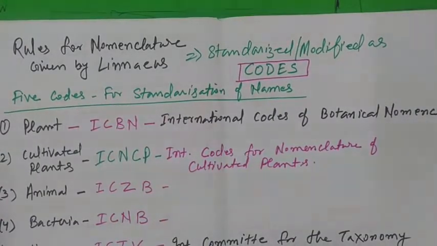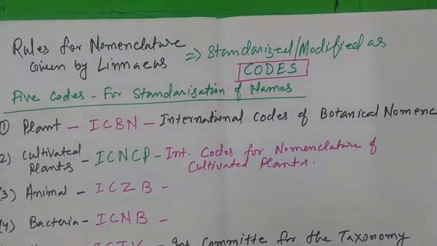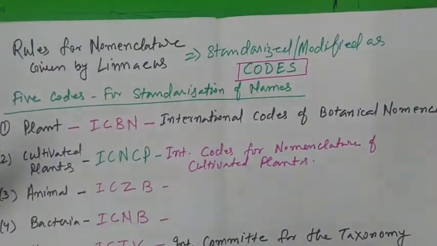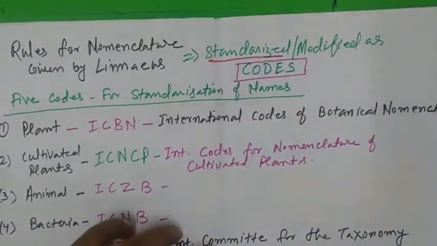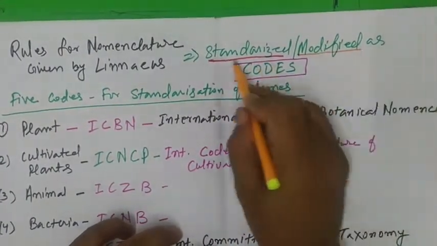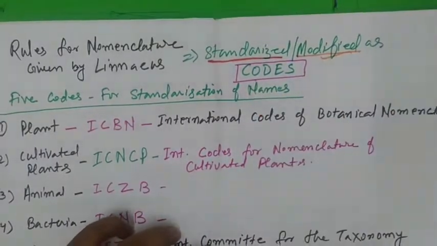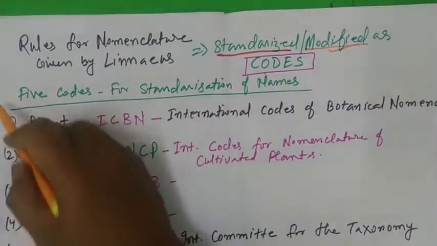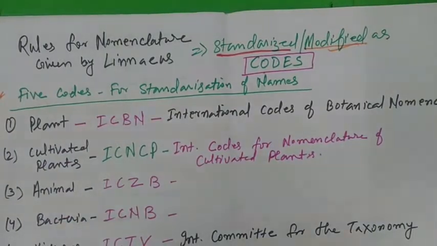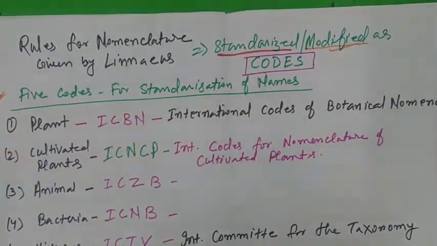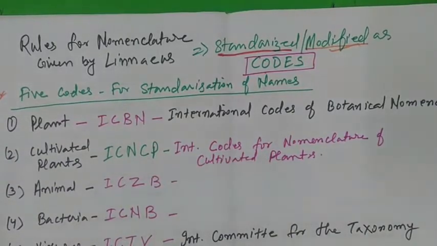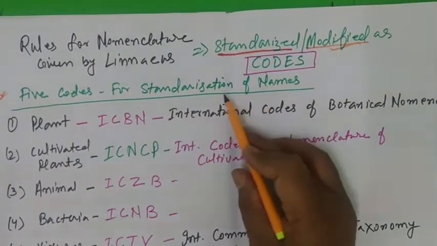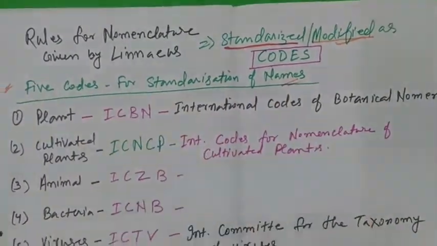All the principles and procedures regarding the nomenclatures which were given by Linnaeus, these rules were standardized, or we can say that all the rules were modified as codes. After the standardization of the Linnaeus rules for the nomenclatures, there are a total of 5 codes for the standardization of the names. These codes are as follows.